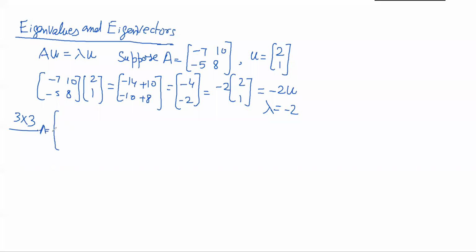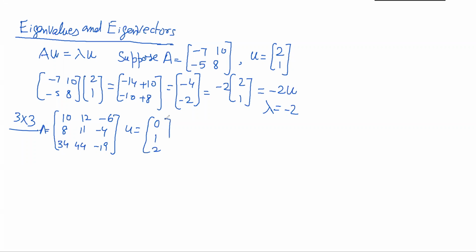Suppose matrix A is 10, 12, minus 6, then 8, 11, minus 4, and then 34, 44, minus 19. And suppose the vector U is 0, 1, 2.